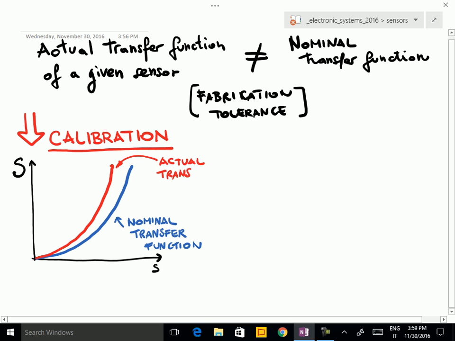And of course the actual transfer function is different for each individual sensor.